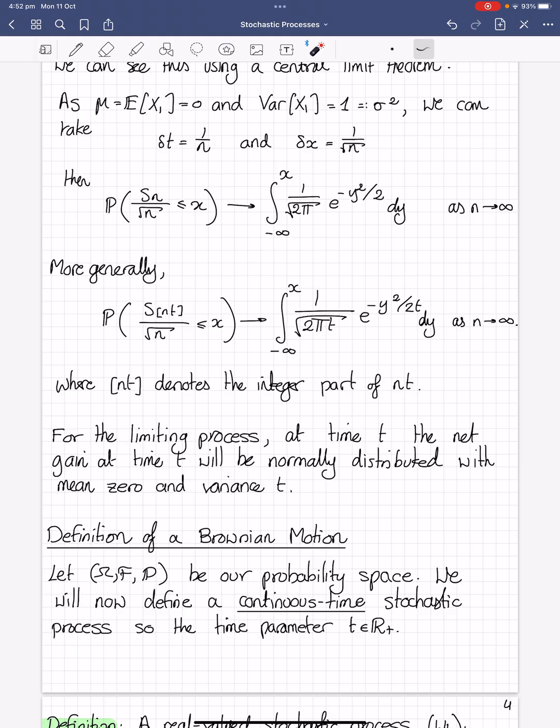What this means is that if we rescale the random walk this way, so that the time increments are 1 over n and the spatial increments are 1 over the square root of n, then as n goes to infinity, at time t the spatial gain is going to be normally distributed with mean 0 and variance t. We can see that by the t in there.